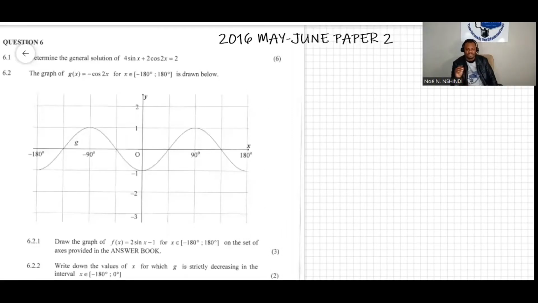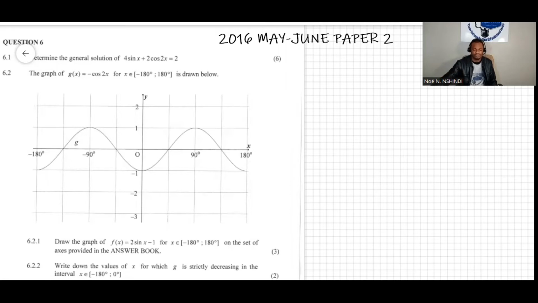Well, we have another question here. The question says that the graph of g of x equals -2 cos 2x for x in the interval -180 degrees to 180 degrees is drawn.